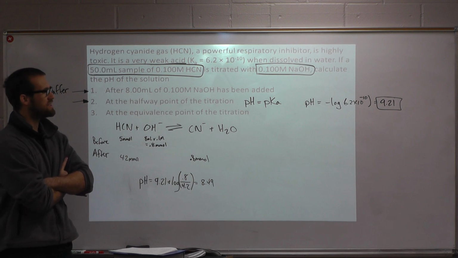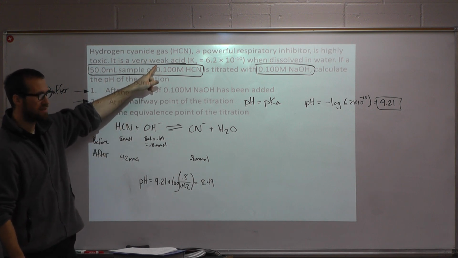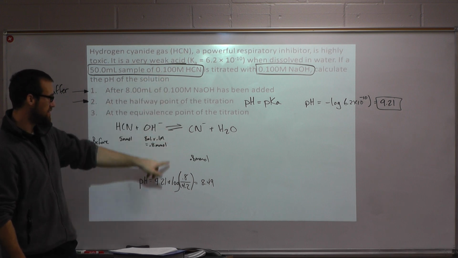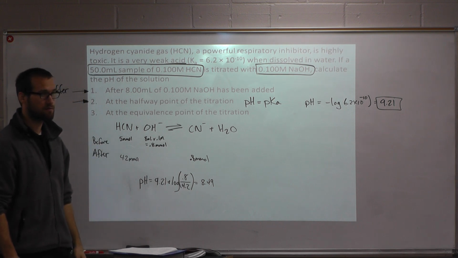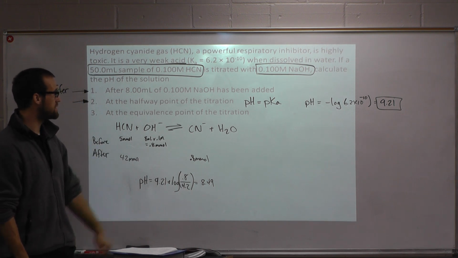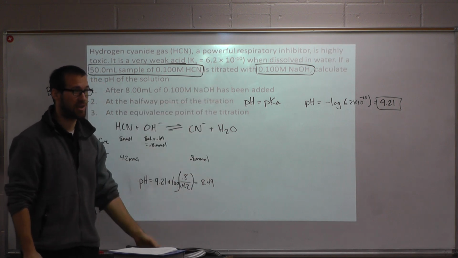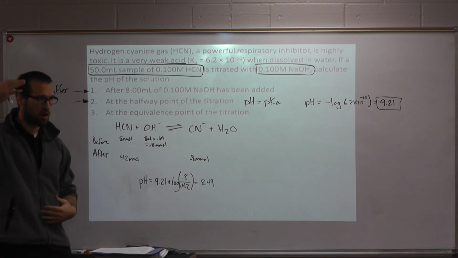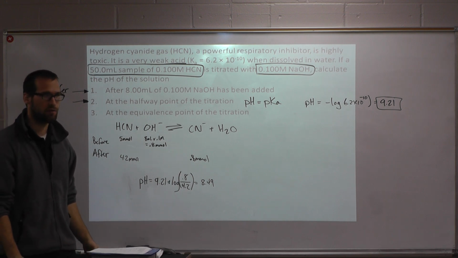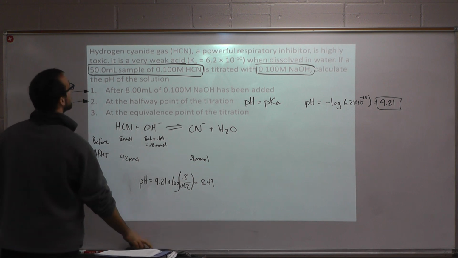Now, this is a unique problem in that we did a very weak acid, so it didn't take long for the base to get it over a pH of 7. Because remember, if this is a weak acid, its conjugate base is actually kind of strong, right? Not like strong, but a strong version of a weak base. Okay, so that's the answer to A.